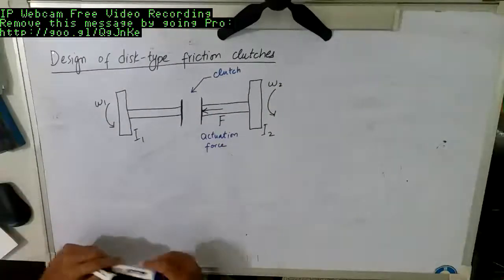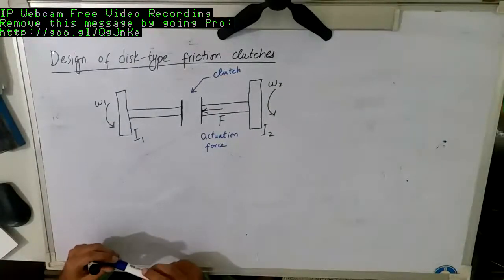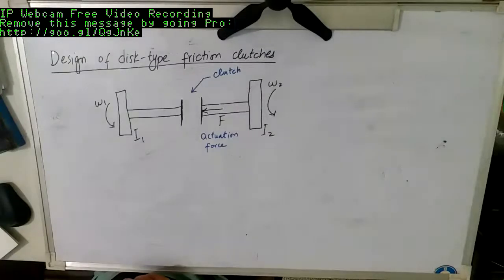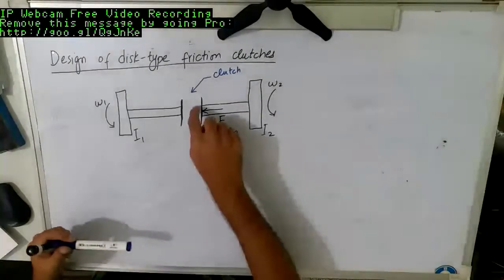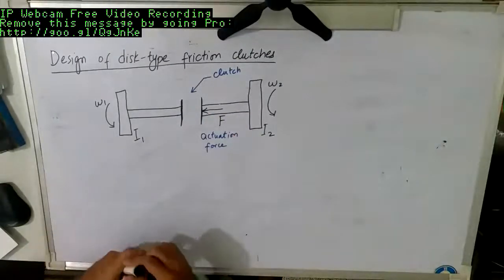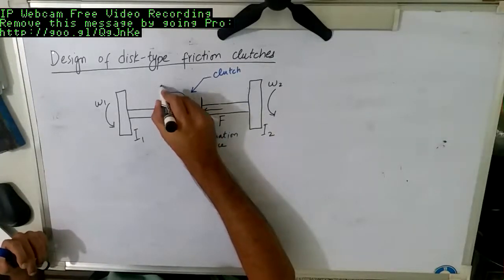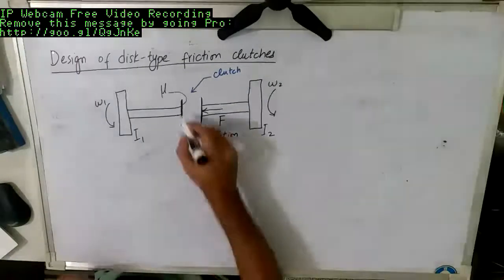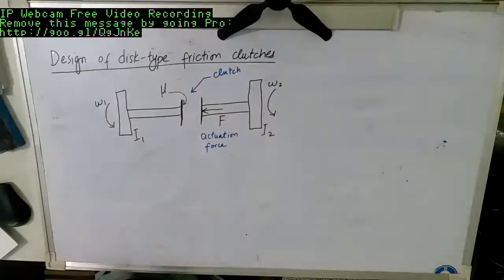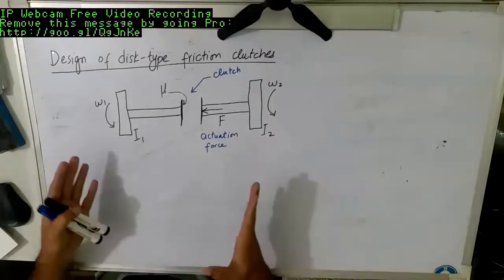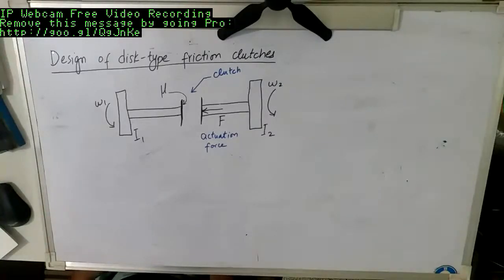Since a disc type clutch is a friction type clutch, these two surfaces are rough, so both of these surfaces have a certain mu or coefficient of friction. So this is one view of this system.